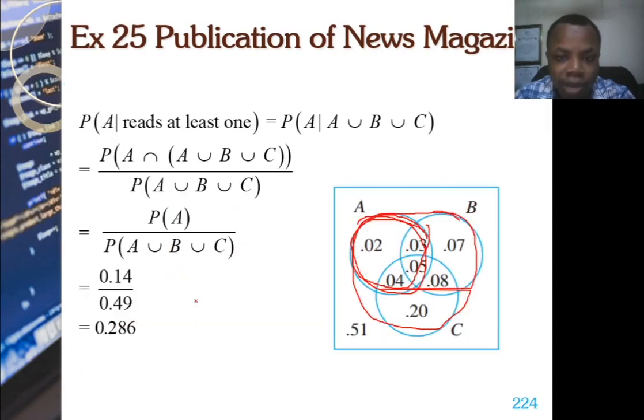And remember with our 0.49, remember how we get to calculate our union once we are having three sets all together. Okay, three events happening together.